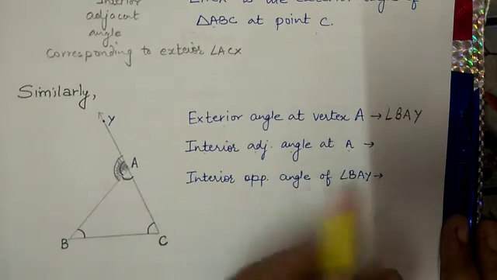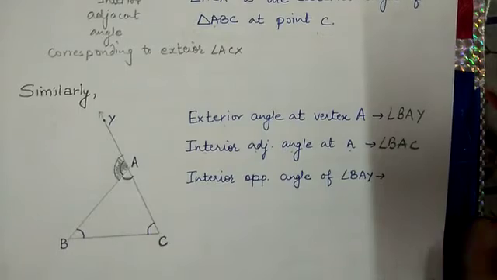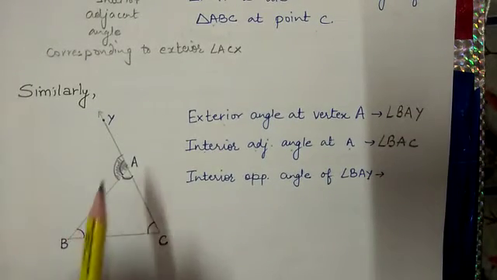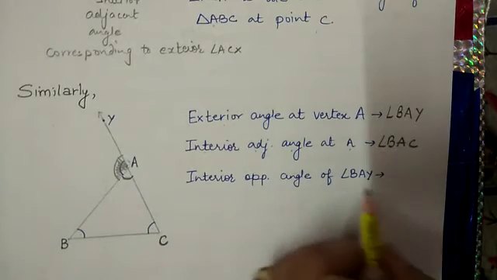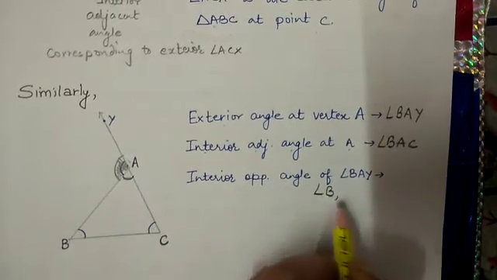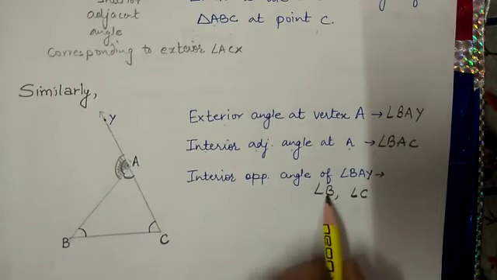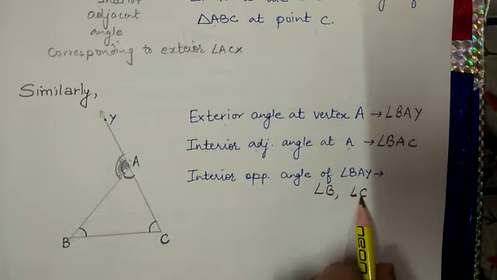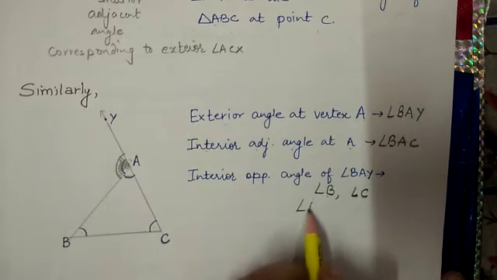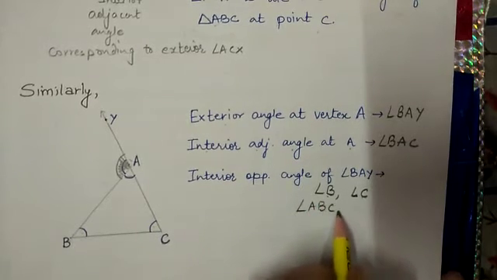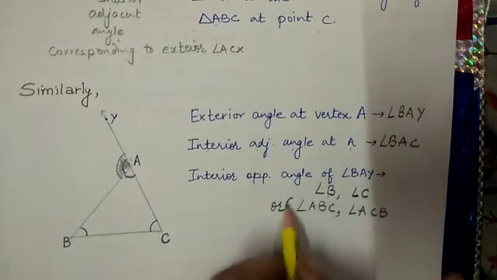That means this angle. Now interior opposite angles of angle BAY, these two, that is angle B, angle C. As at B and C only one angle is formed, so I can write these as angle B and angle C. If we want, we can write the complete names also. Both are okay.